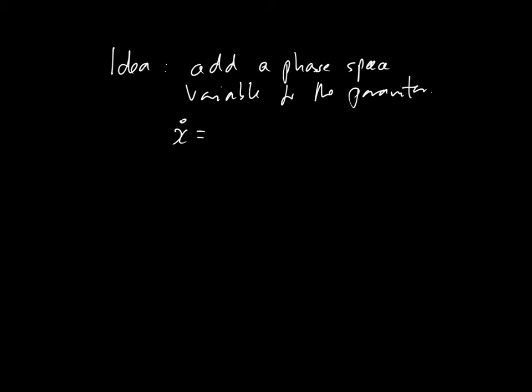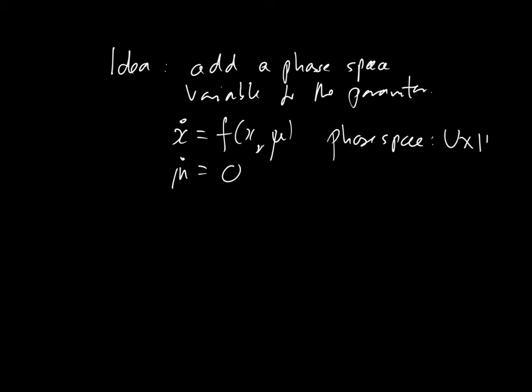So your dynamical system now becomes x dot equals f of x and mu, and mu dot equals 0. That just says it's a parameter because it's not changing. So now my phase space is U cross R, where R is for the parameter value.